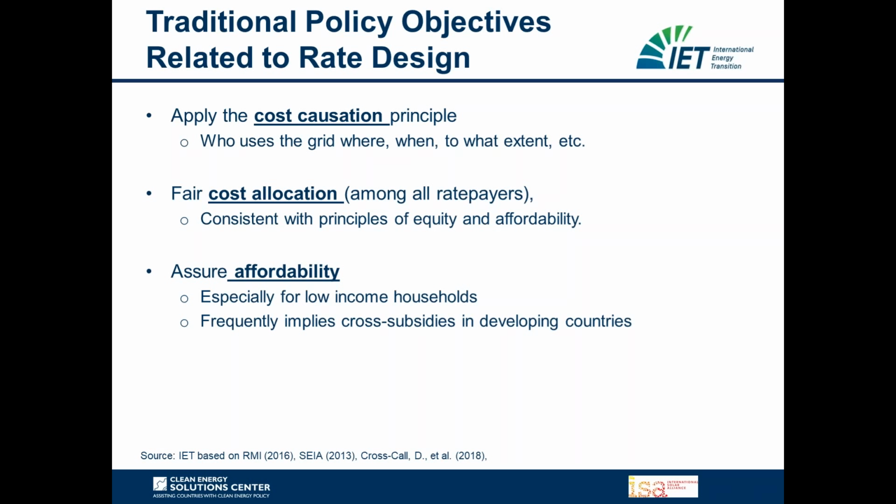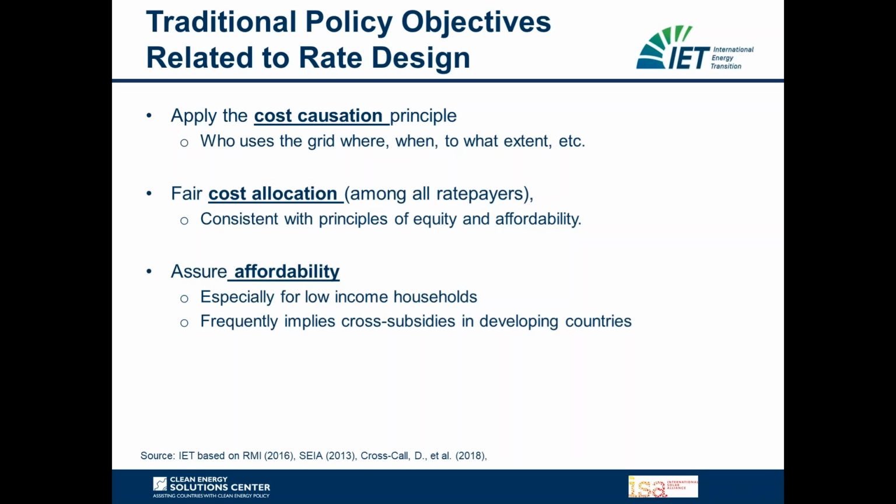And this is why, for instance, in many developing countries, we see a lot of lifeline tariffs, they're usually called, so that you pay a lot less for your electricity for the first couple of 100 kilowatt hours that you're using, because this is normally what all people need that are connected to the grid, and the very poor should benefit from this lifeline tariff and pay less.